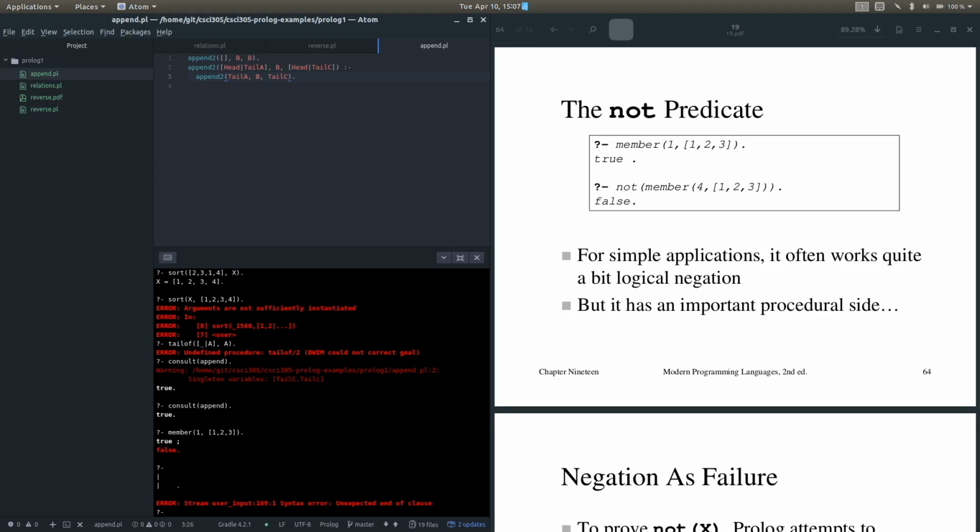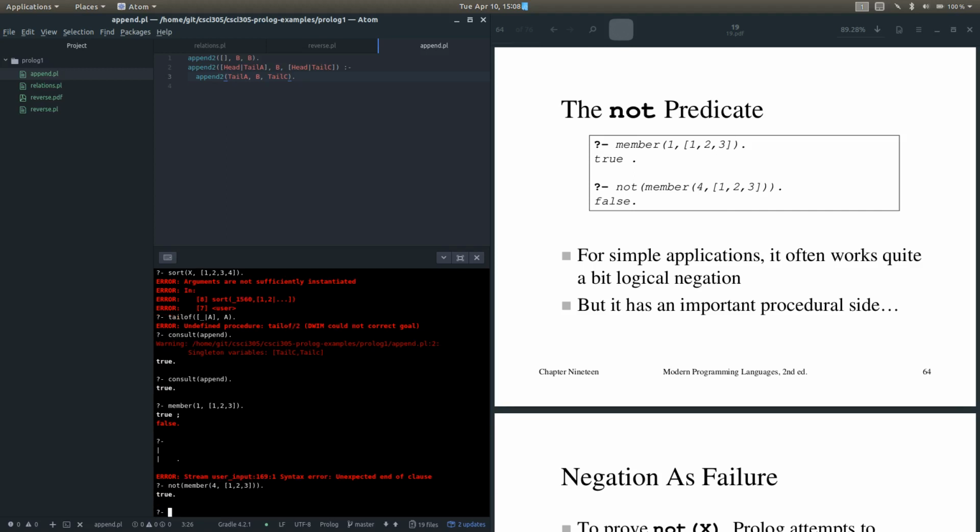Then if we use the predicate not, we would say not member(4, [1,2,3]). That returns true, right? Why? Because 4 is not a member of [1,2,3], and so not is going to negate that value. So member(4, [1,2,3]) is false, and not is going to negate that.